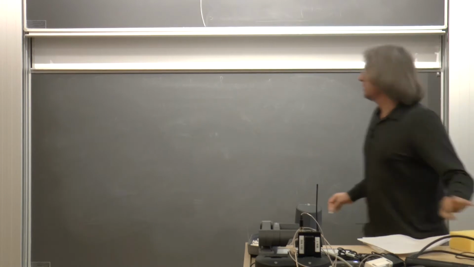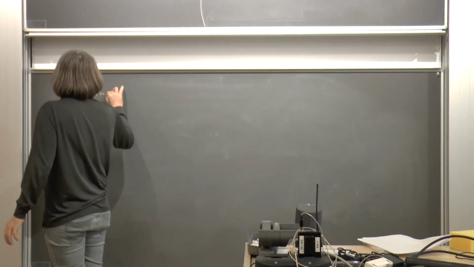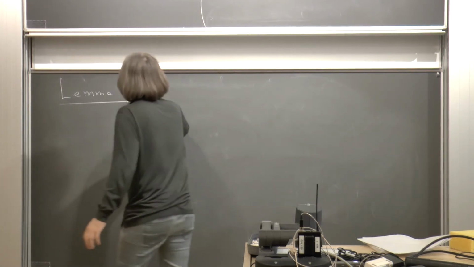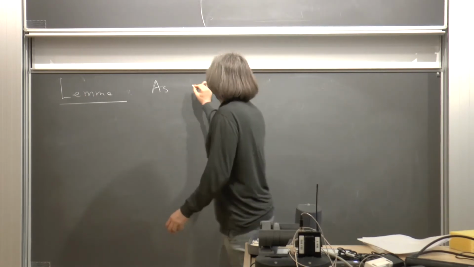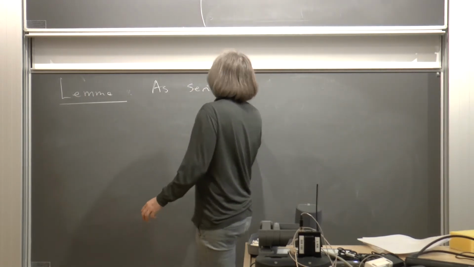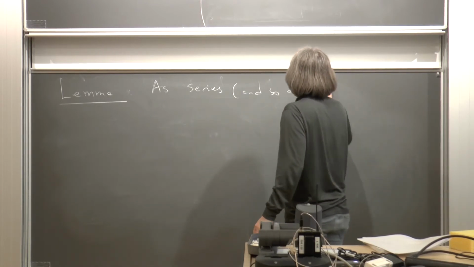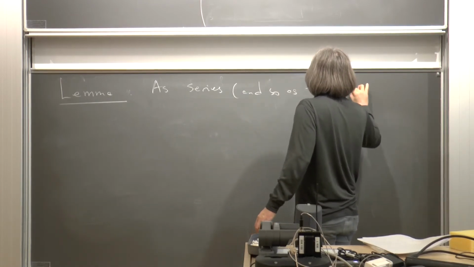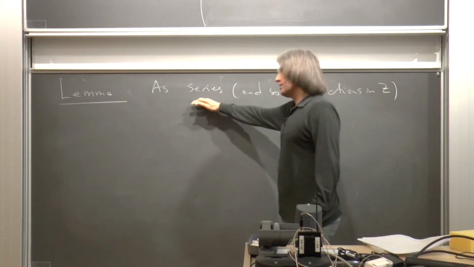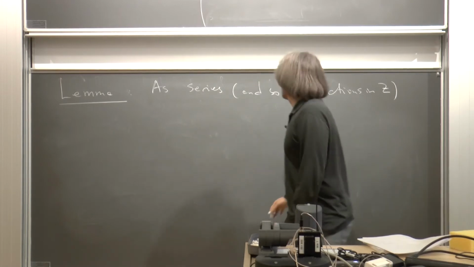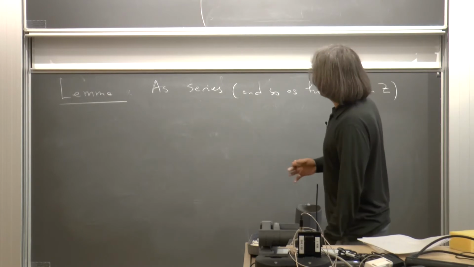So lemma, and the proof is by comparison of coefficients. So as series, and so as functions in z. When I say as series, this means just comparison of coefficients. But we know that the sum is uniquely defined by these coefficients.